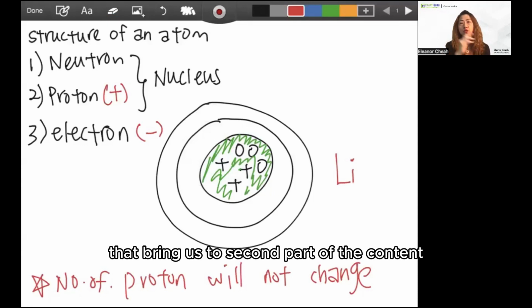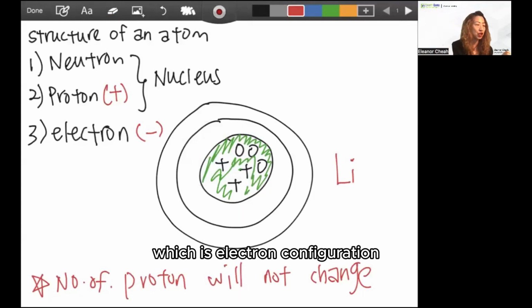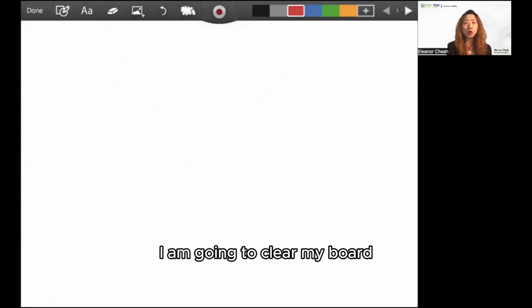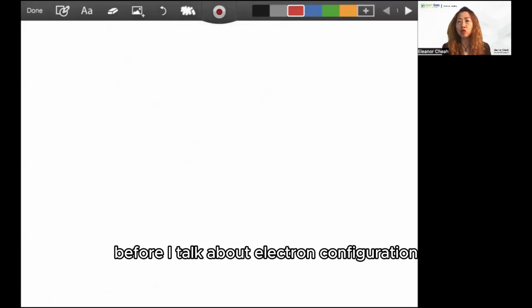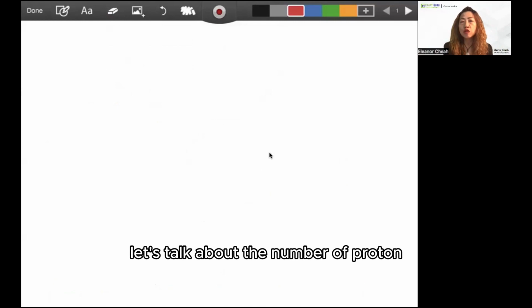That brings us to the second part of the content, which is electron configuration. So I am going to clear my board and talk about electron configuration. Before I talk about electron configuration, let's talk about the number of protons.